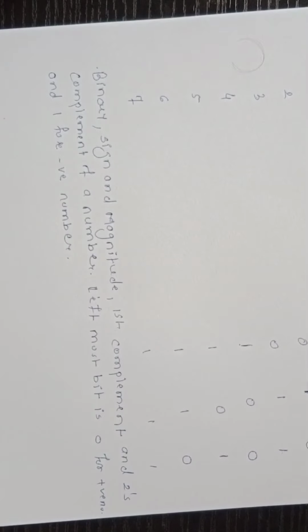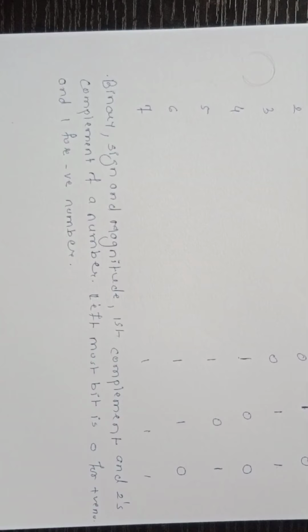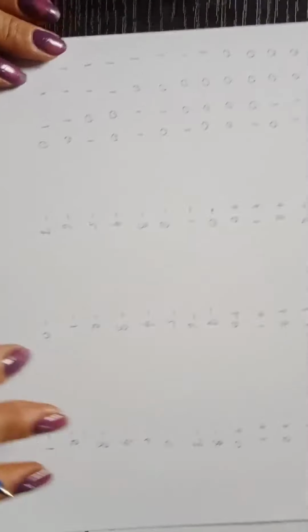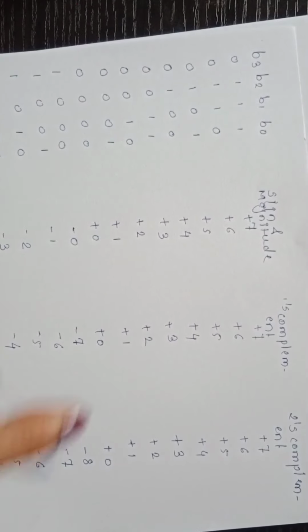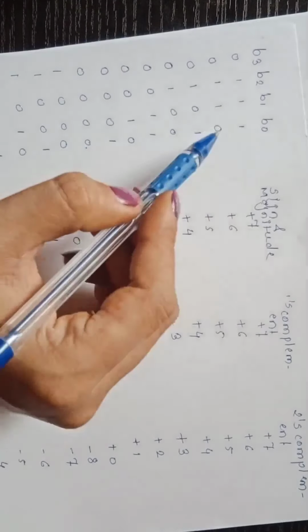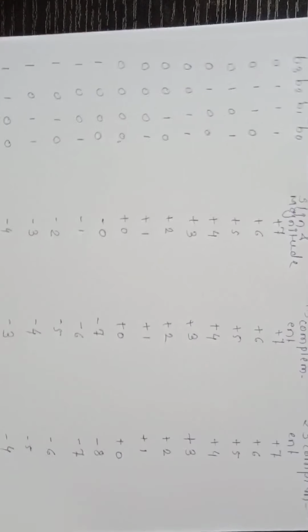Okay, now let's see the representation in these three systems. Now look here. Here I have written the binary representation from 7 to 0 and the complement of this.